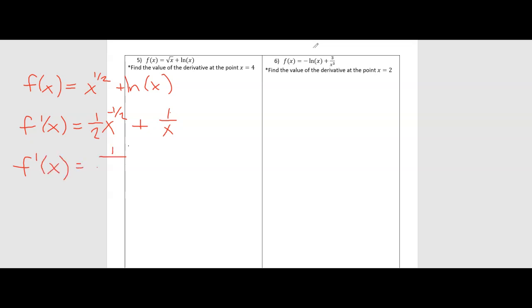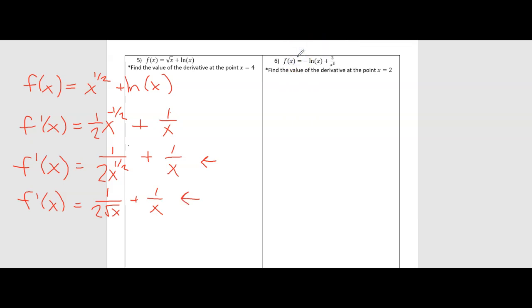So I get 1 over 2x to the power of 1/2 plus 1 over x, which is going to give me f prime of x equals 1 over 2 times the square root of x plus 1 over x. Now, if you're comfortable evaluating when you have exponents rather than radicals, well, then just keep this line and evaluate there. If you're more comfortable with radicals, then keep this line and go from there.